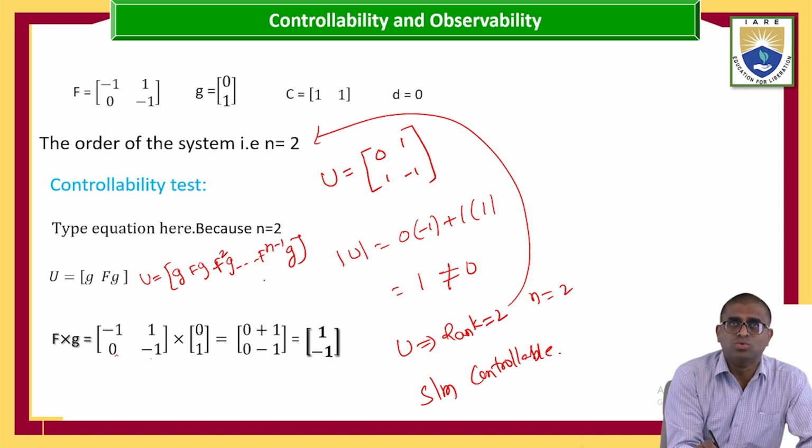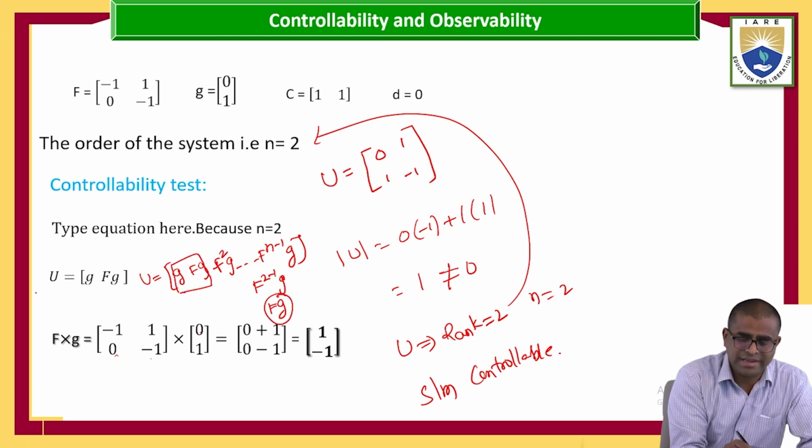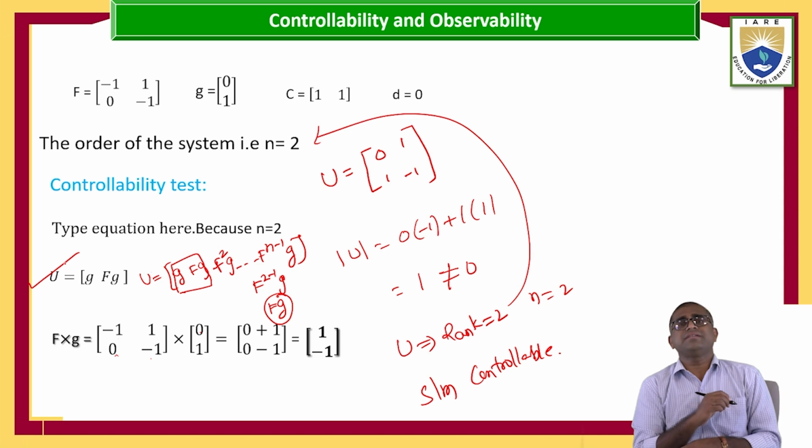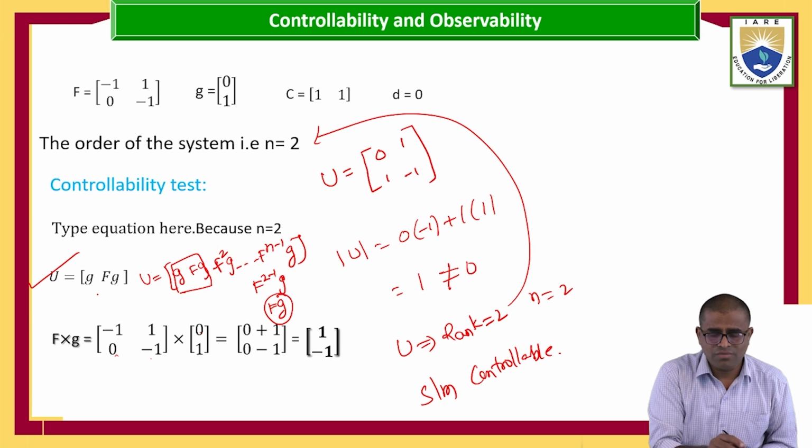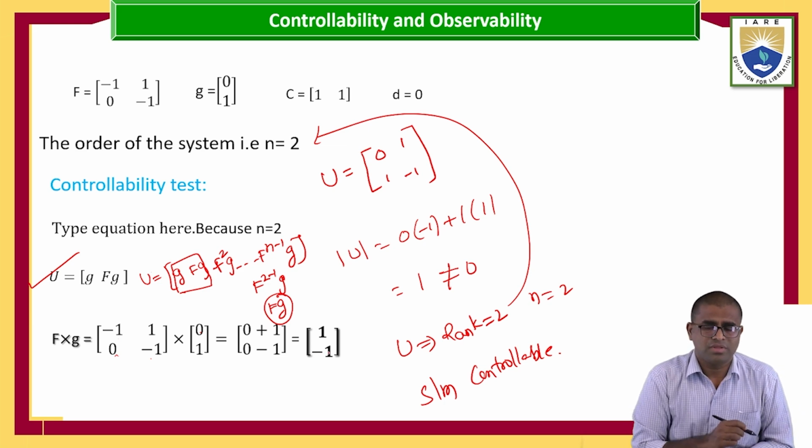Here n equal to 2, so f power of 1 into g, that is fg. So only up to fg you have to write down, because there are 2 variables. Here g is already there, so you only have to find f into g.